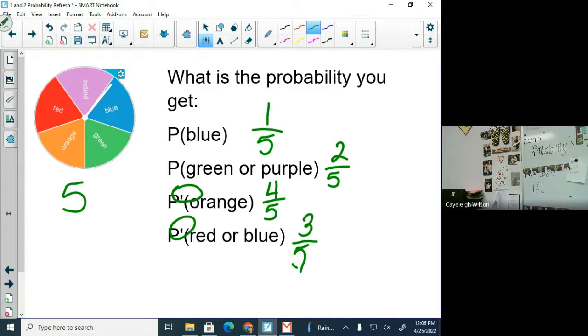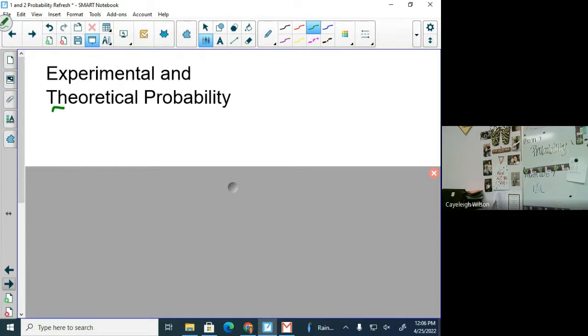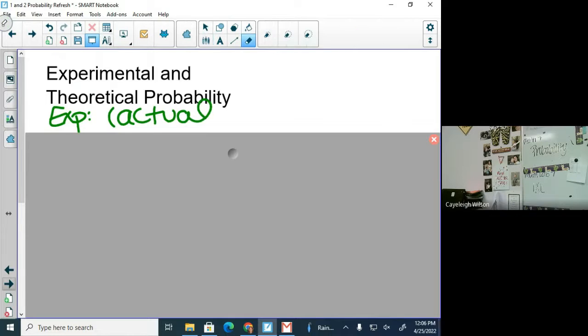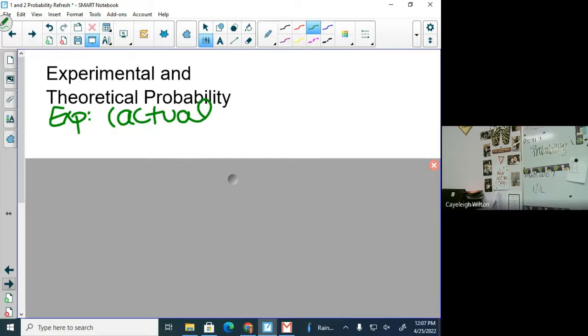But experimental is going to be what actually happens when I spin the spinner. So the difference here is experimental is the actual probability, like when I do it. But theoretical is what I think should happen.